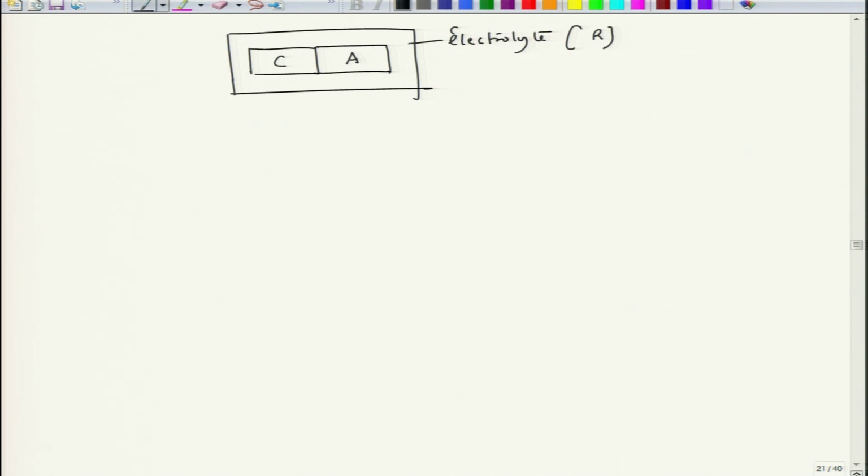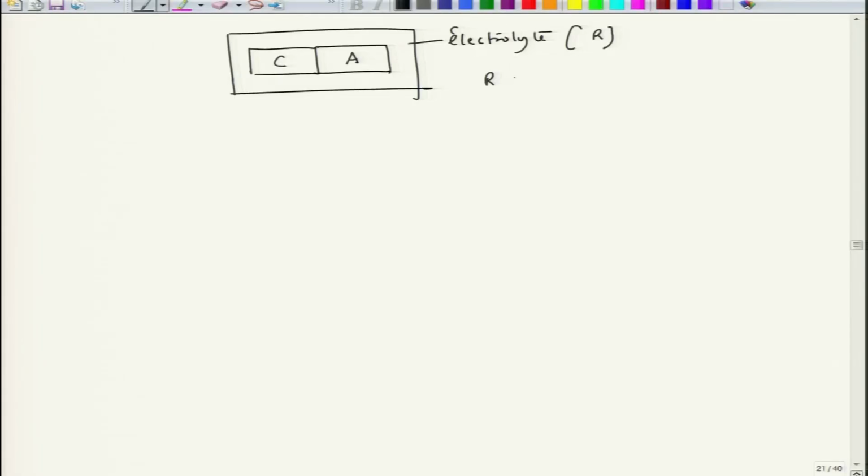So, when we have obstacles, then of course, the current flow will be hindered, and we will not have that degree of dissolution of the anodic portion had there been no resistance. So, in one case, let us say resistance is very high.